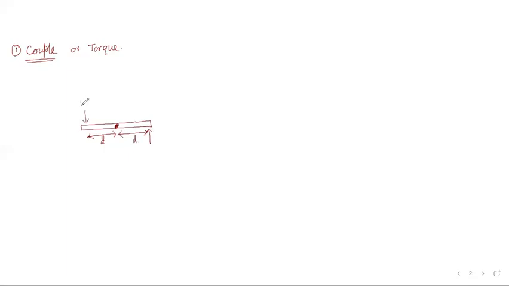I can simply say that this is F, and this one is also F. What will be the moment due to this F? I can simply say F into D. What will be the moment due to the other F?